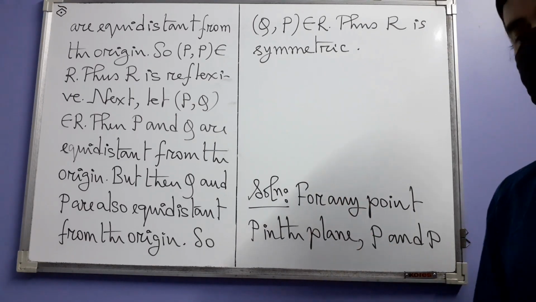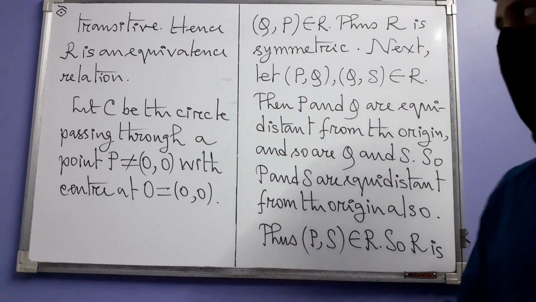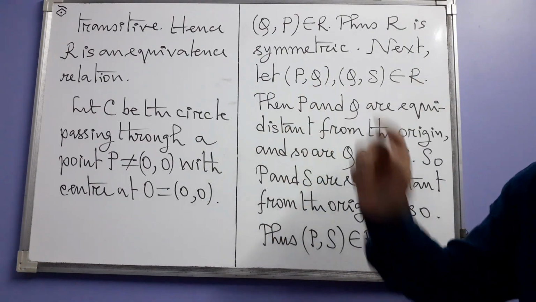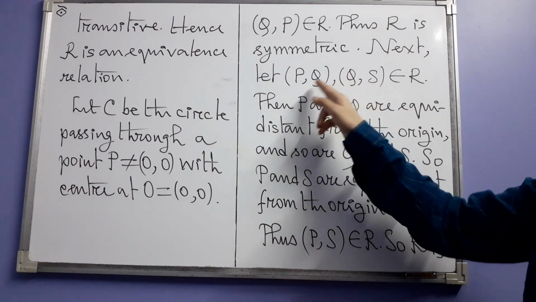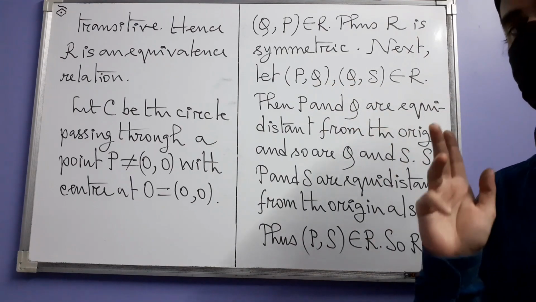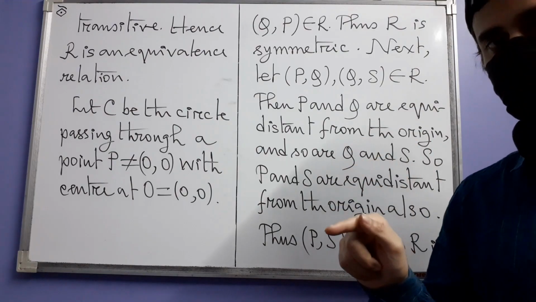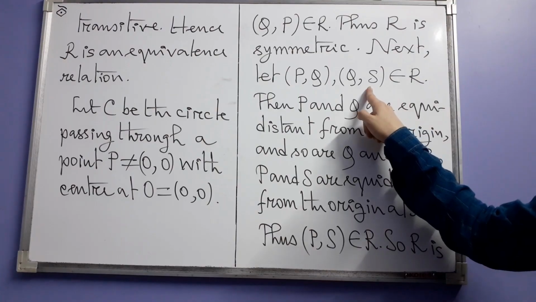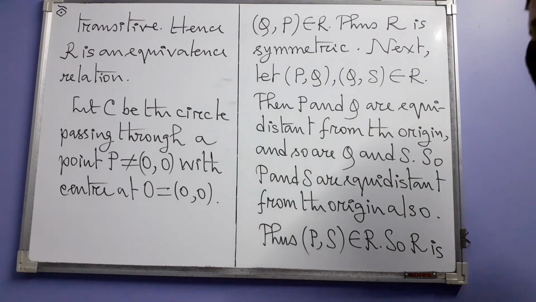Next we have transitivity. For transitivity we have chosen these two ordered pairs in R, (P, Q) and (Q, S). There will be a tendency of writing (P, Q) and (Q, R). Do not do that, okay? The letter R already denotes the relation, so you cannot use it elsewhere. That's why we have chosen S. You can use any other letter as well.